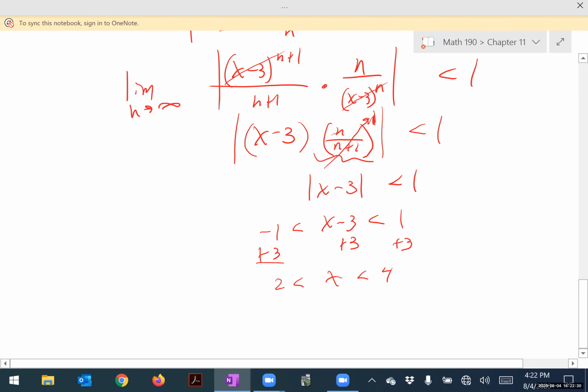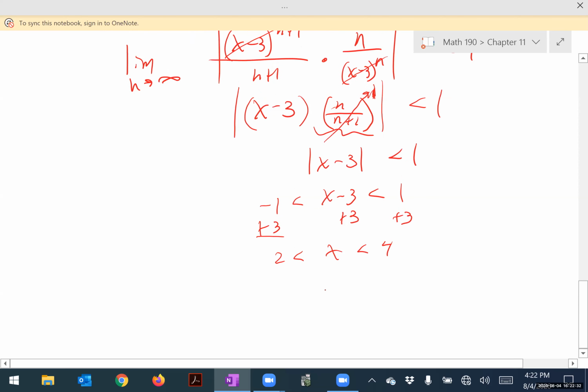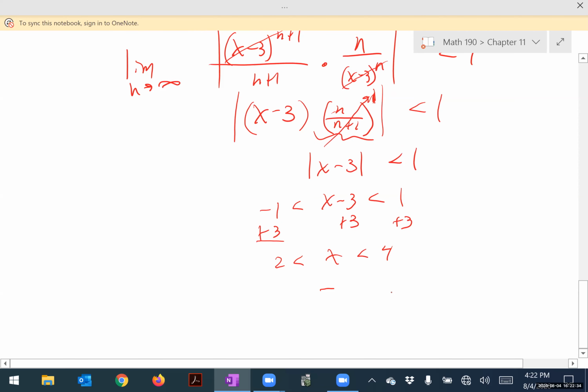The problem is, what happens if it's equal to 2 or equal to 4? We know that if it's outside this, it's bigger than 1. Does that make sense? If it's not in there, then it diverges. In here, it converges.